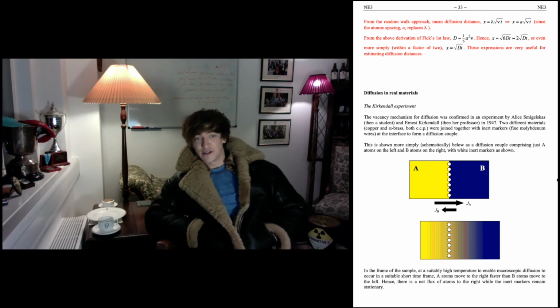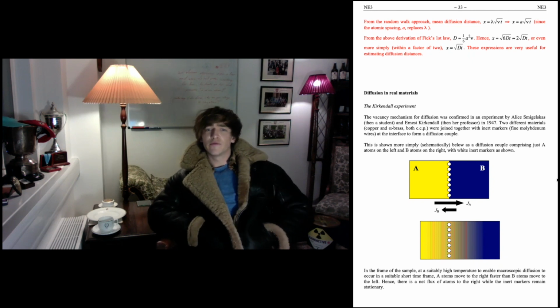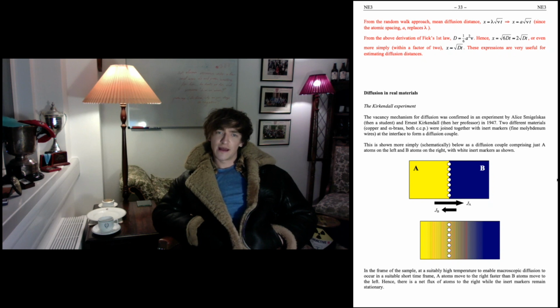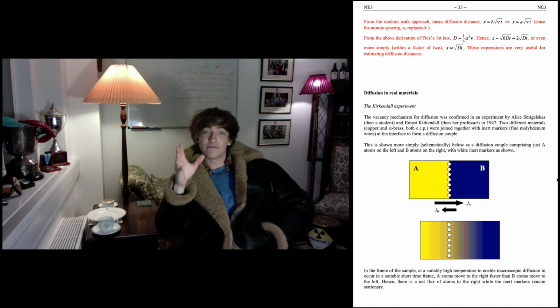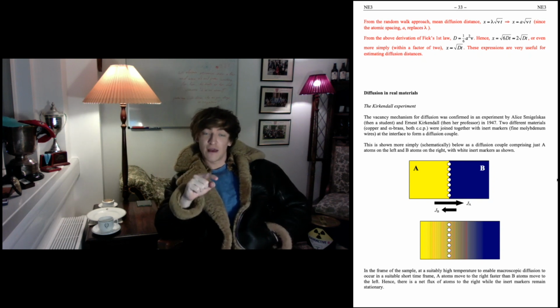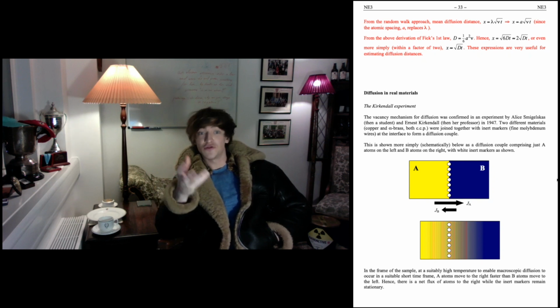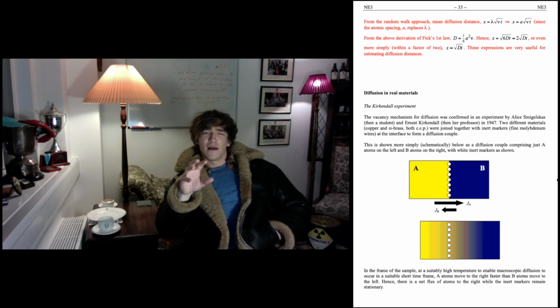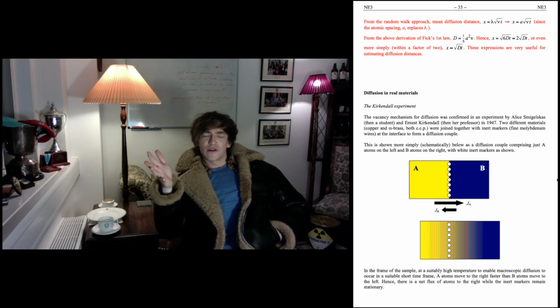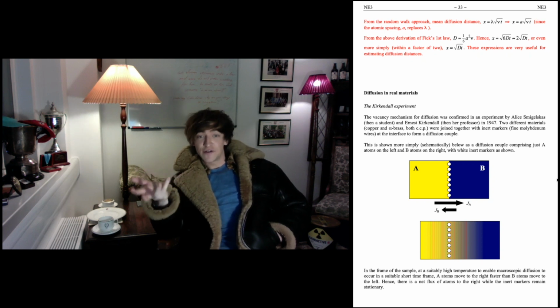And at high temperature, where reasonable macroscopic diffusion can occur, atoms A can be seen to actually move to the right faster than atoms B move to the left. And as such, there's a net flux of atoms to the right, whilst the inert markers remain stationary. But how does this show the role of vacancies in diffusion?